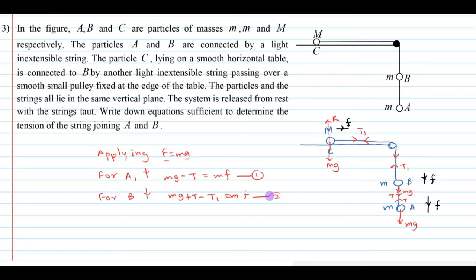Second equation. For C, horizontal, T1 is equal to capital Mf. This is the third equation. We have sufficient equations to determine the tension of the string shown in A and B.